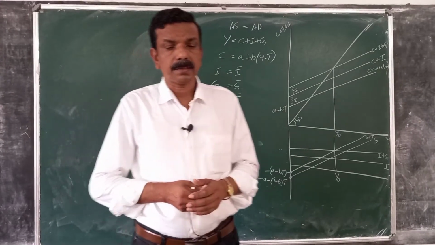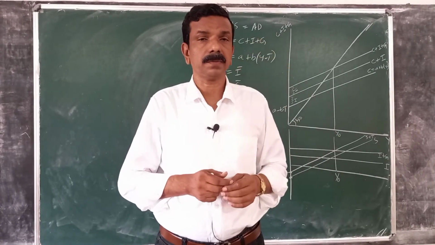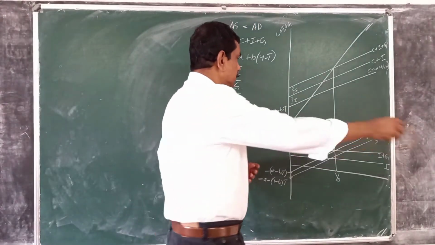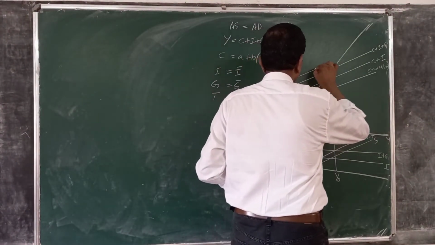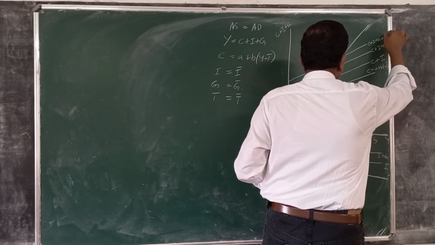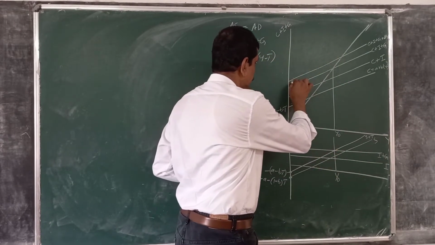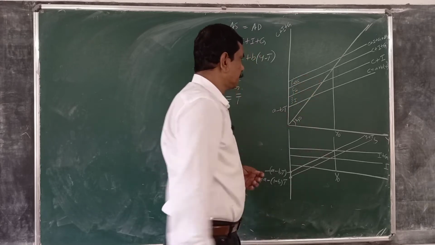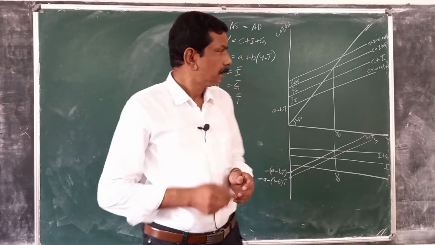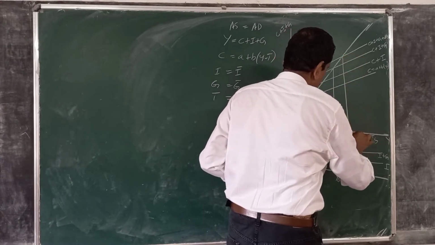Now we assume that government increases expenditure on goods and services by an amount equal to delta G. So we have a new spending schedule, C plus I plus G plus delta G. Now, what happens is the equilibrium level of income increases from Y0 to Y1.